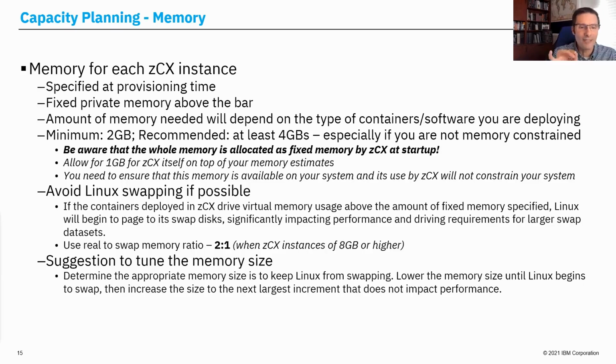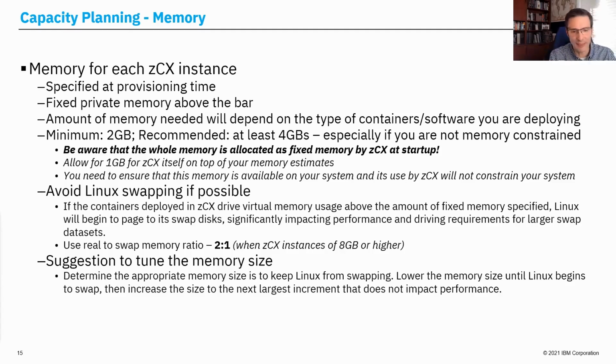And so we say you should allow at least 1 gigabyte for zCX on top of what your memory estimates are. And again, we need to make sure that this memory is available in your system, and its use by zCX will not constrain your system. So we need to have the right amount of memory there. Okay. And avoid Linux swapping if possible.